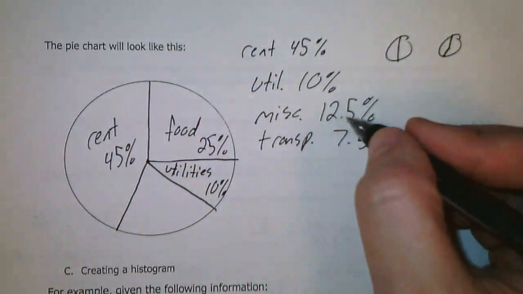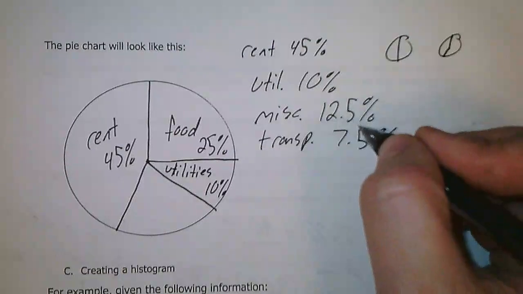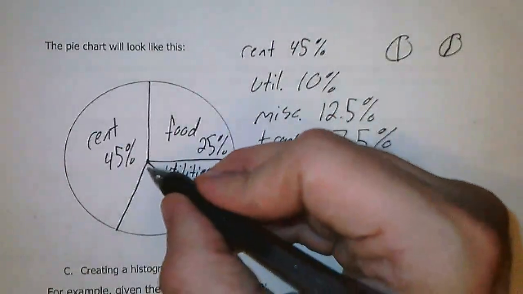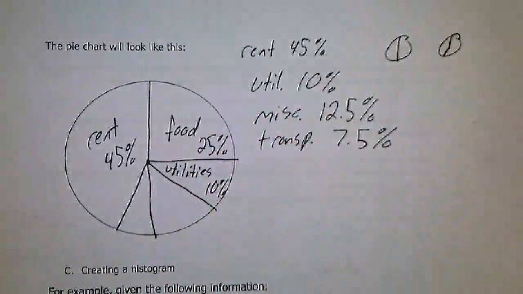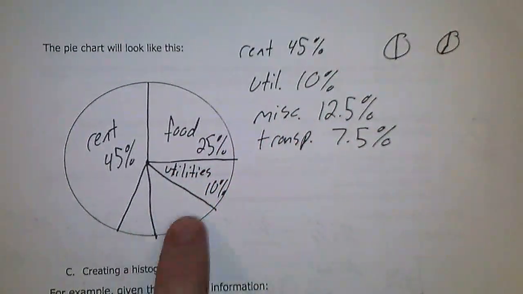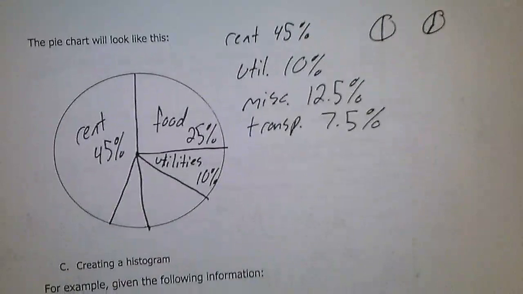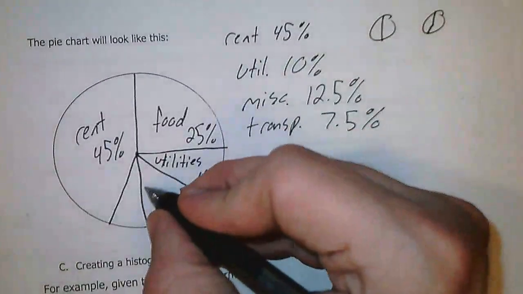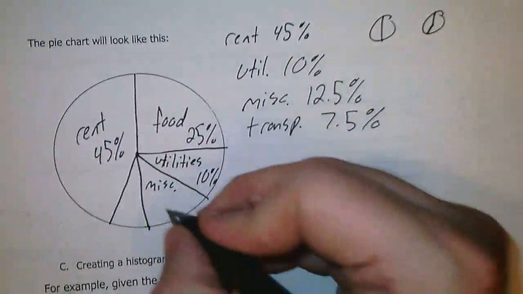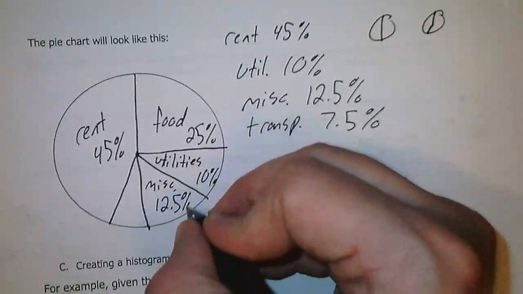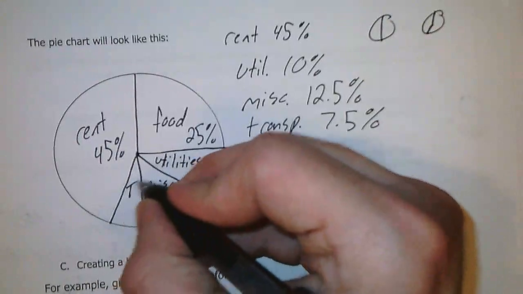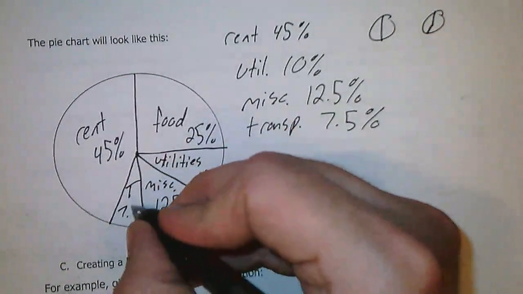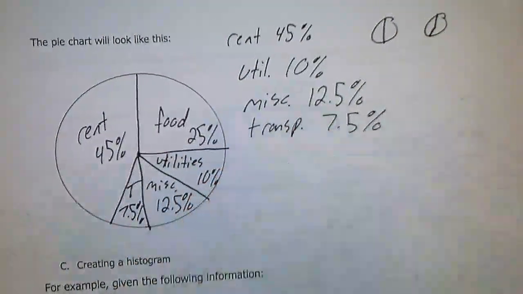So I want to make two sections, different sizes, and the bigger section needs to be the 12.5. So maybe something like that. That's probably too big compared to this, but that's okay. We're doing as well as we can. Miscellaneous is 12.5%, and transportation, capital T, 7.5%.